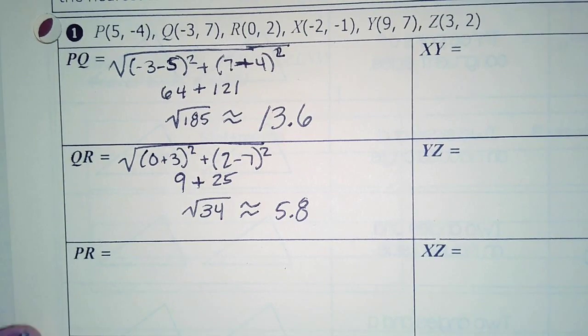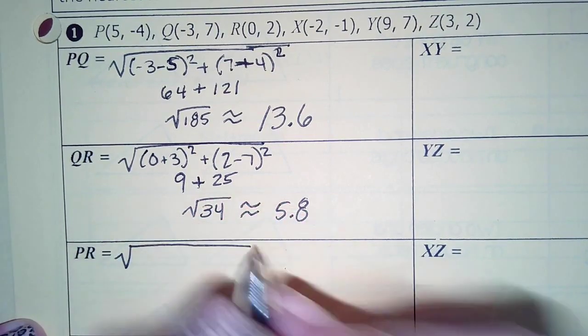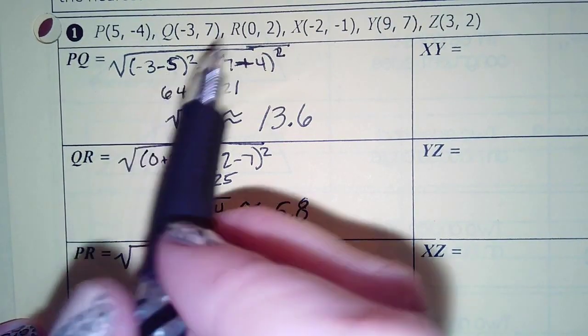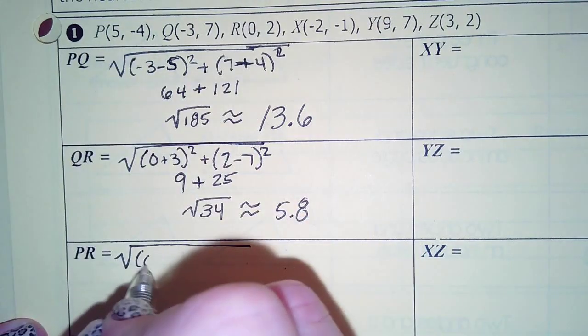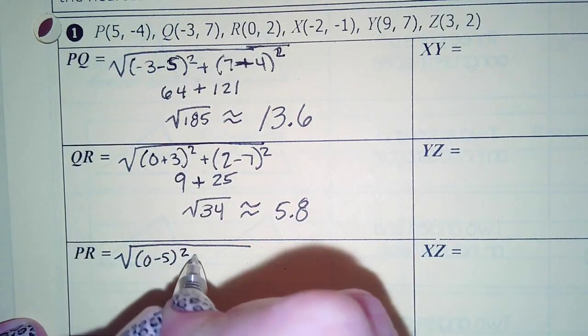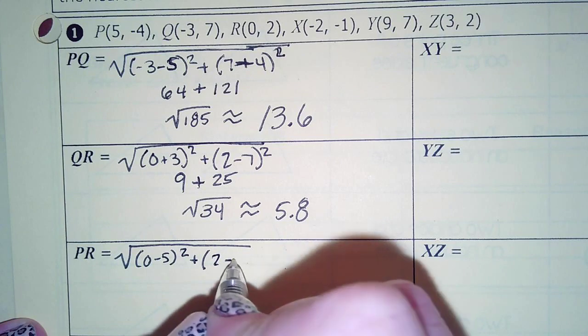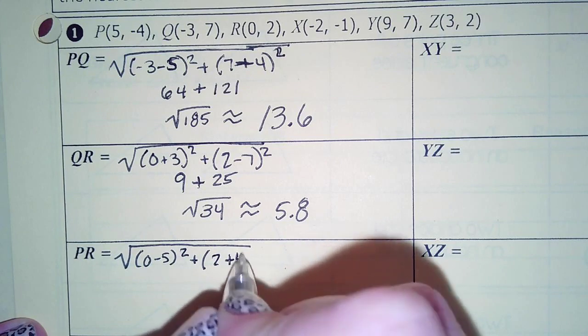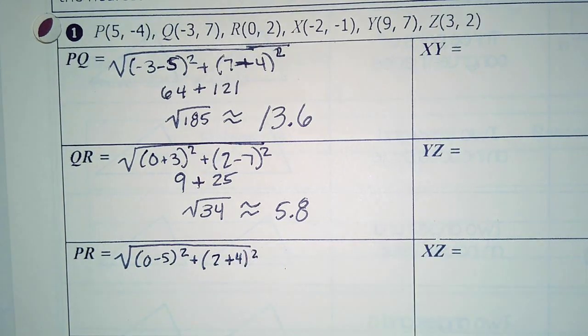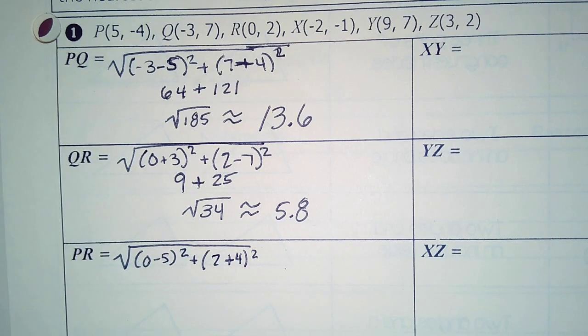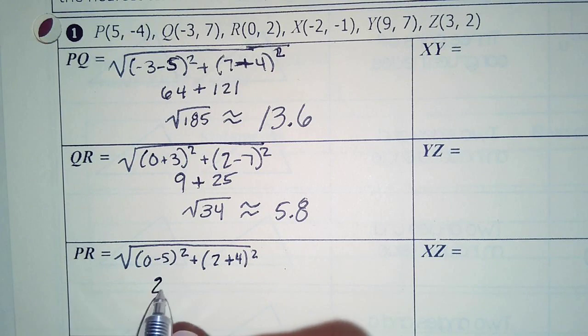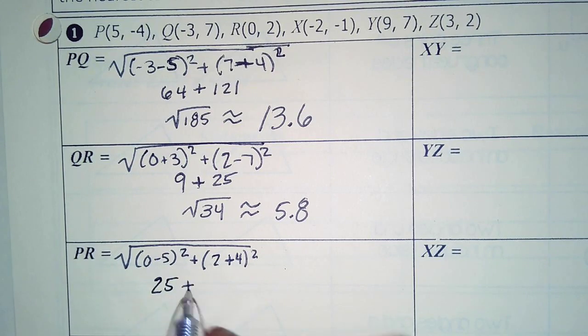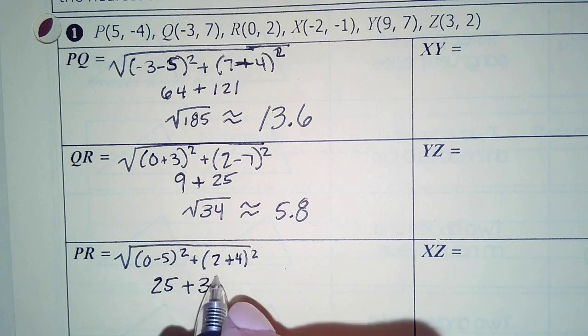So now let's find PR's length. PR's length is 0 minus 5 squared plus 2 minus -4, so 2 plus 4 squared. 0 minus 5 is -5. -5 squared is 25 plus 2 plus 4 is 6. 6 squared is 36.